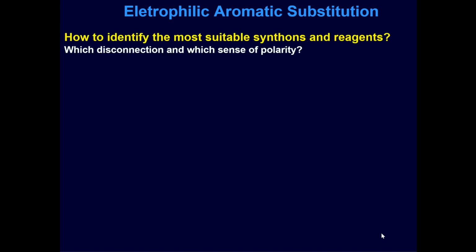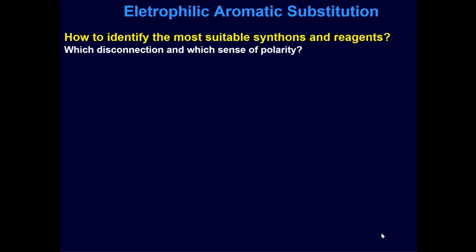For example, in functional group addition or functional group interconversion, the major functional groups we add are either electrophiles or nucleophiles. And in electrophiles and nucleophiles, in aromatic substitution, we follow. Now, how to identify the synthons?